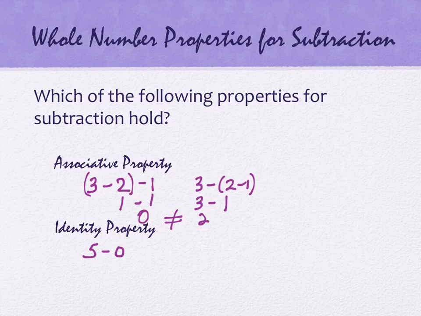This piece works just fine. This piece, not so much. The identity has to work in both directions, and it only works in one direction. So this isn't really a thing, but it feels like half of an identity. There's no such thing as half of an identity, but that's how it feels.